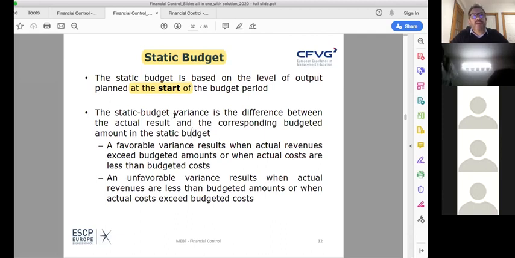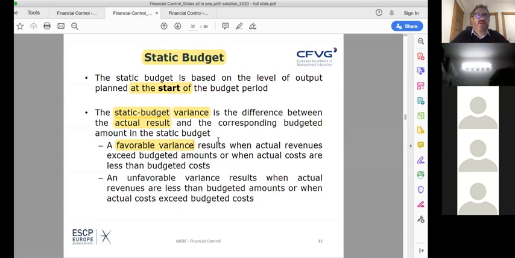Then we're going to calculate the first variance, which is called the static budget variance. This static budget variance is the difference between the actual result and the budgeted amount in the static budget. It's a question of vocabulary here: we have a favorable variance when actual revenues exceed budgeted amounts or when actual costs are less than budgeted costs.